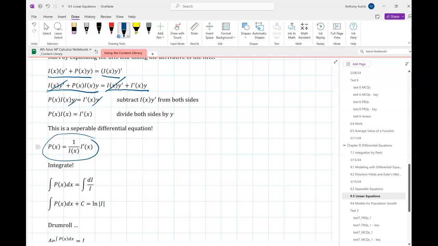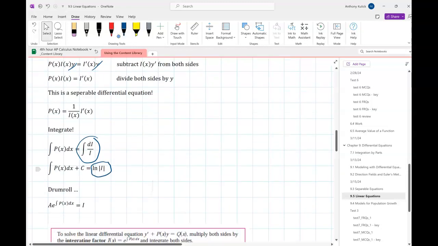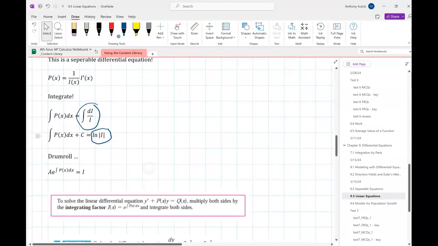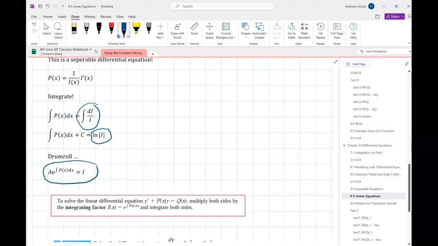So we're here. If I integrate both sides, this antiderivative is the natural log of I, right? So when I do e to both sides, I get that some constant times e to the integral of p(x) dx is going to be my I. That's the takeaway.